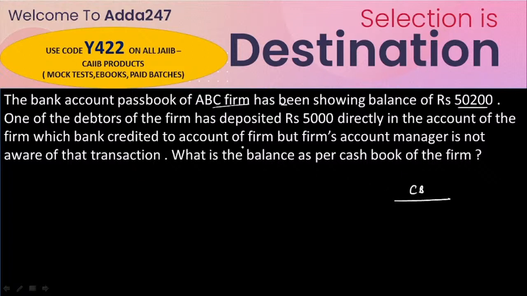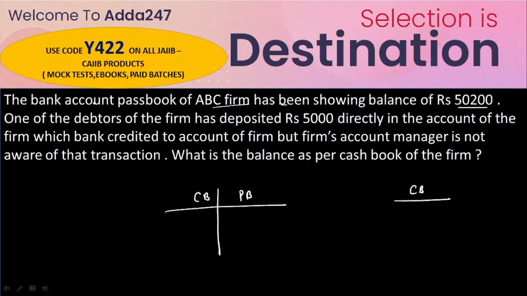Fine. So if the passbook of the firm is given, that means we have to ask for the cash book balance. So just write here cash book, and in the second step write cash book and passbook. Suppose that here it is given that the cash book of ABC firm has been showing a balance of 50,200 rupees.